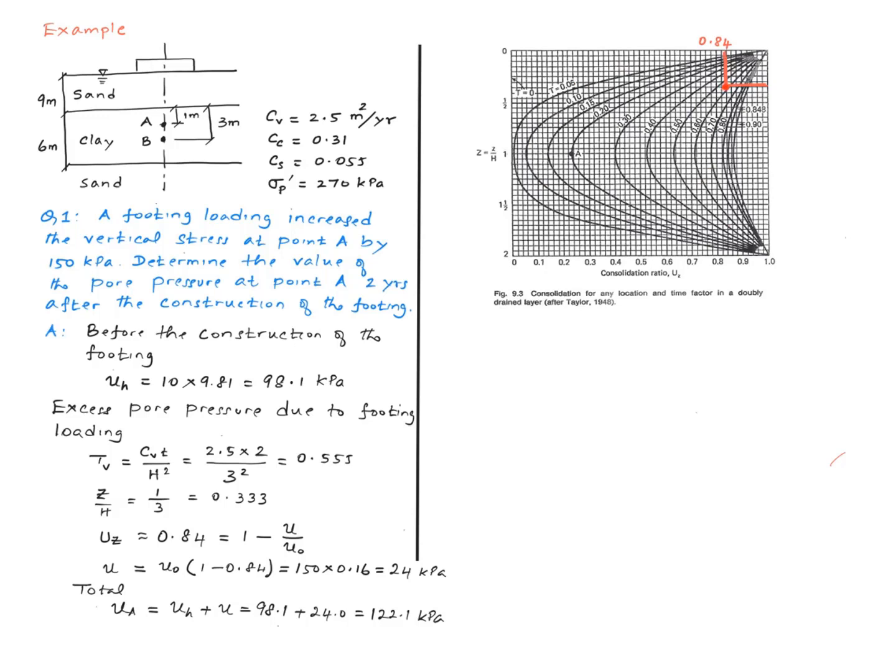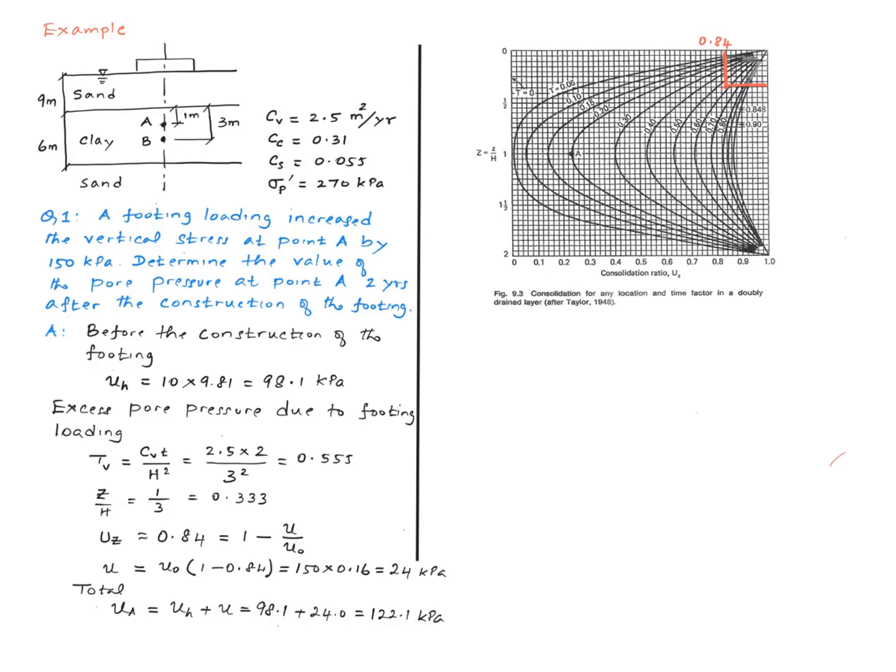I locate the point based on my values of the dimensionless depth and the time factor, which is 0.55, which falls between these two isochrones. I get a value of 0.84 for the local degree of consolidation. Now you use the definition of the local degree of consolidation in order to calculate the excess pore water pressure, which is calculated to be 24 kilopascal.